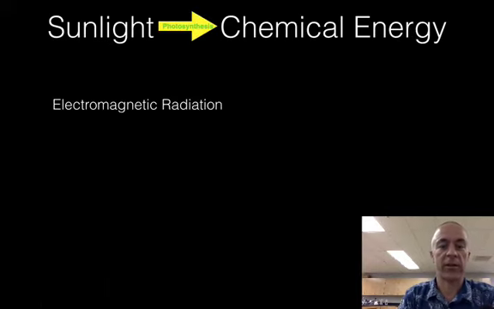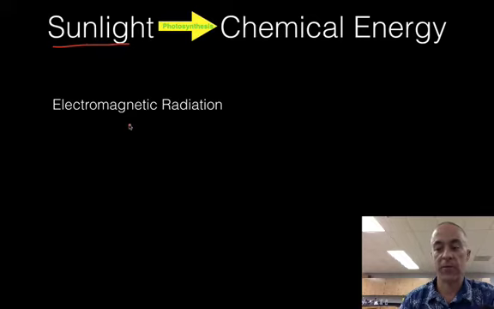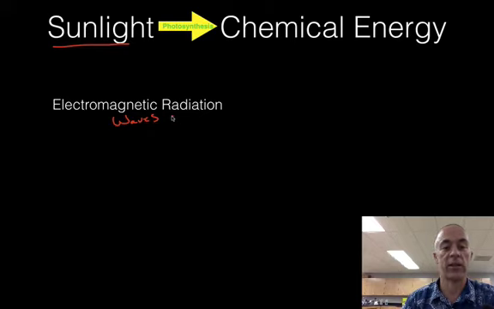All right, a couple other things to get out of the way before we talk about the process. When we're talking about sunlight, we're talking about electromagnetic radiation. Electromagnetic radiation is a form of energy that travels in the form of waves. So just like sound waves, radio waves, electromagnetic radiation also travels through space in waves.